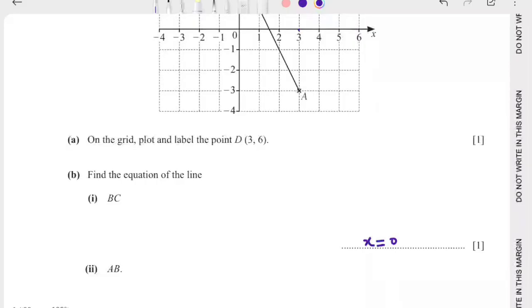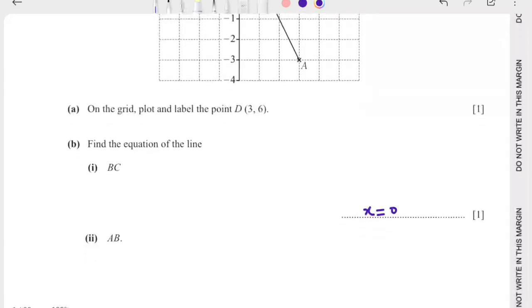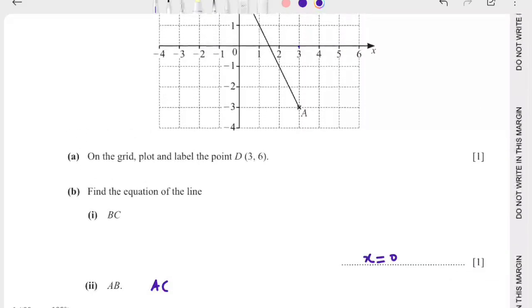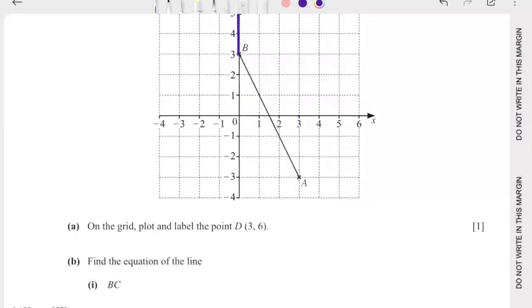Now for the second part, we have to find the equation of AB. First of all, we are going to find the coordinates. The coordinates of A would be (3, minus 3), and the coordinates of B would be (0, 3).